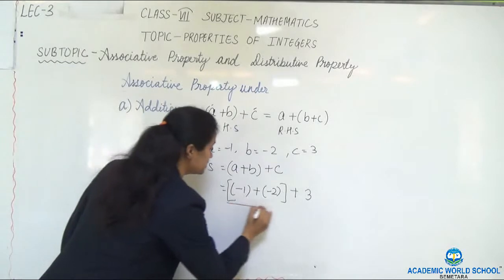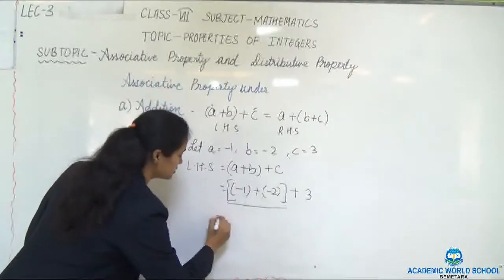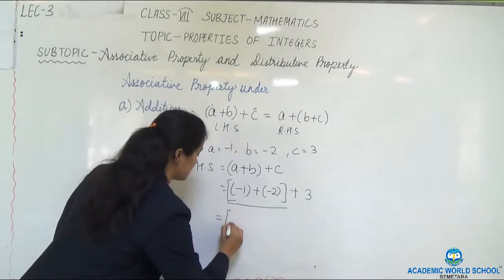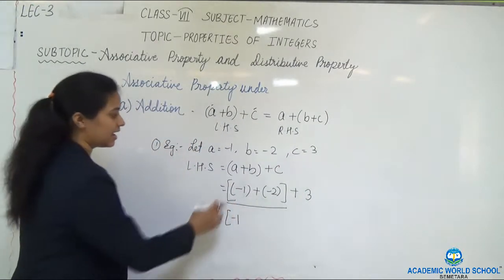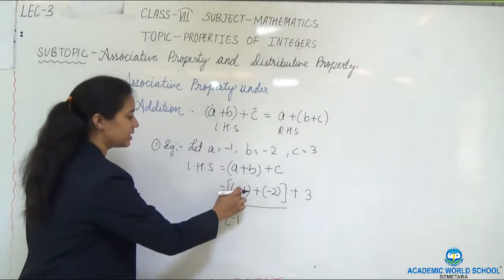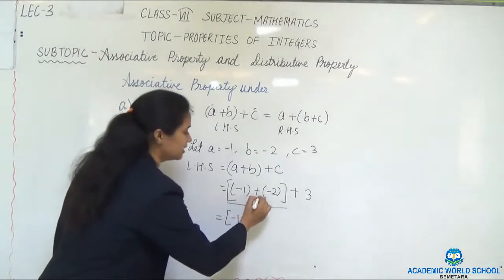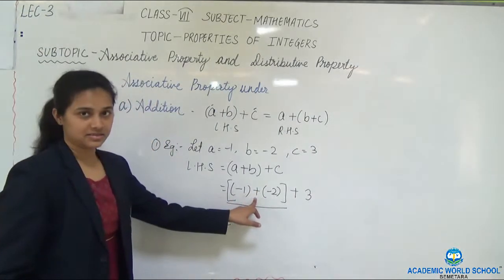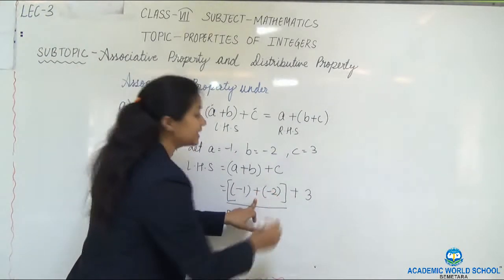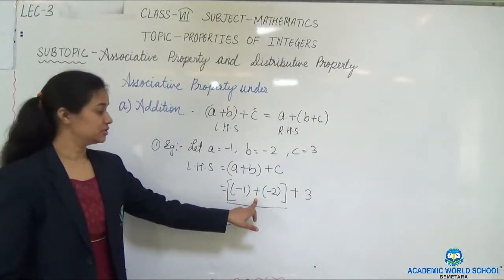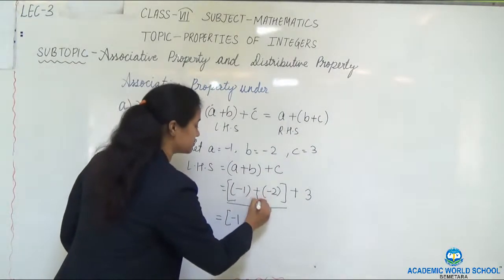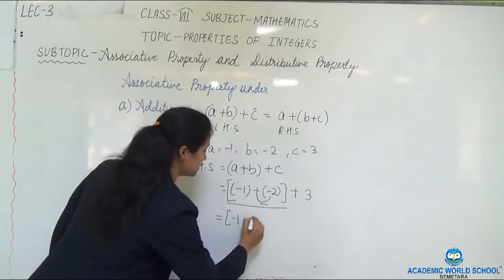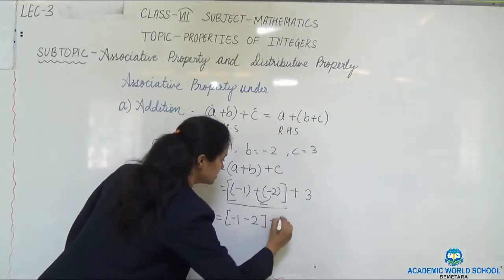First we will solve this bracket. Now how to solve this bracket? First you need to open all the brackets. -1, as there is no sign, so plus into minus gives minus. Again you can see that after the bracket there is a sign plus, and bracket itself means multiplication. So plus into minus will resolve and give a single sign, that is minus. So -1 -2 plus 3.